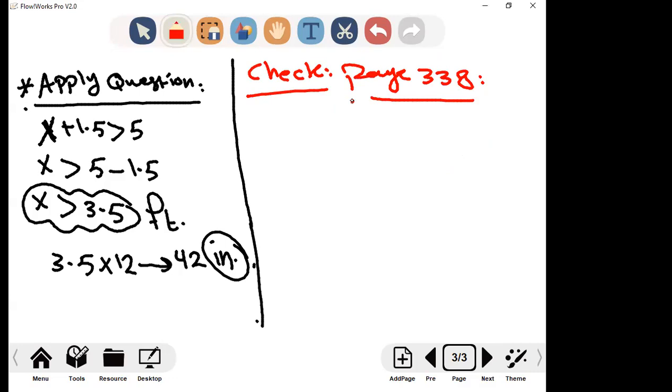Read. Caroline has at least 6 yards of ribbon. So here we are talking about yards. What's the meaning of at least, by the way? I'm not talking about the Arabic translation.